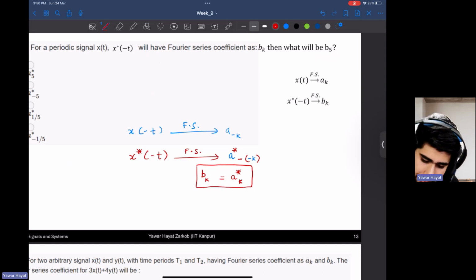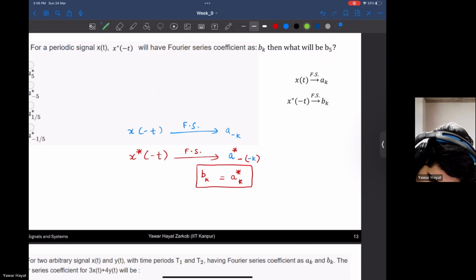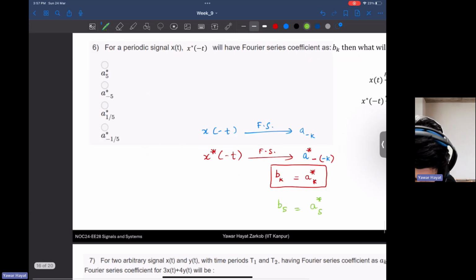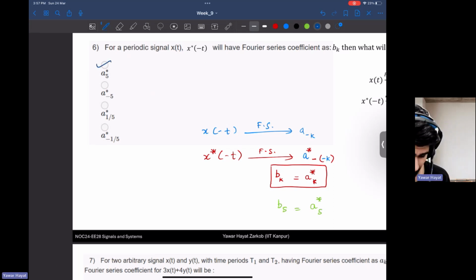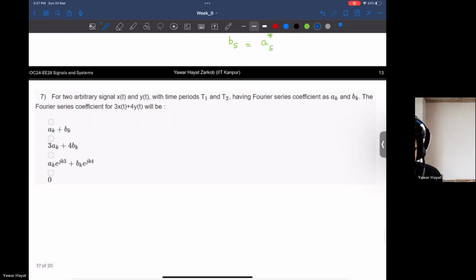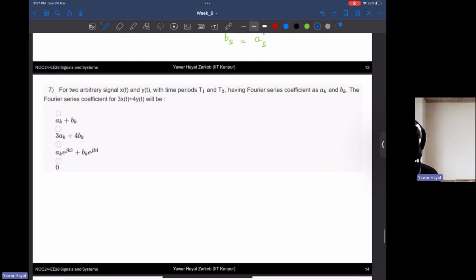So in particular, what about b5? Would be a star 5, right? Here the star is the complex conjugation. Which option is correct? The first one, right? Fine. Let's move on to the next one.